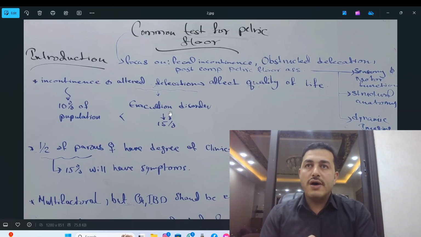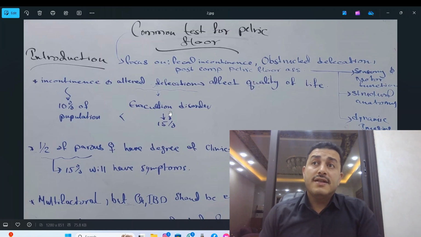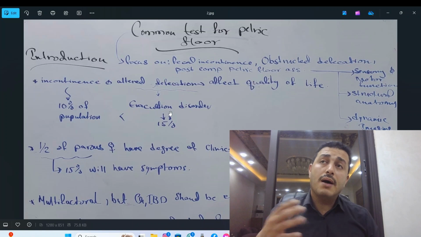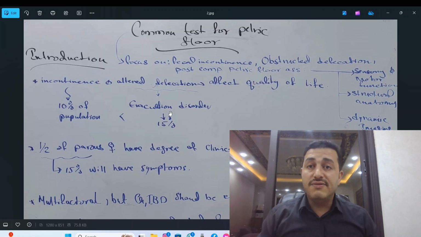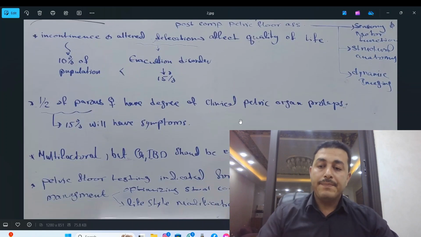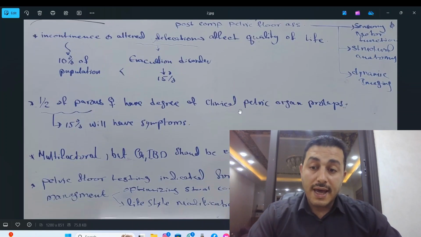If there are new symptoms, this requires first of all ruling out more serious diseases. If we are talking about fecal incontinence, we have to rule out inflammatory bowel disease. If we are talking about obstructive defecation, we have to rule out colon cancer first. Okay, what else can we add?